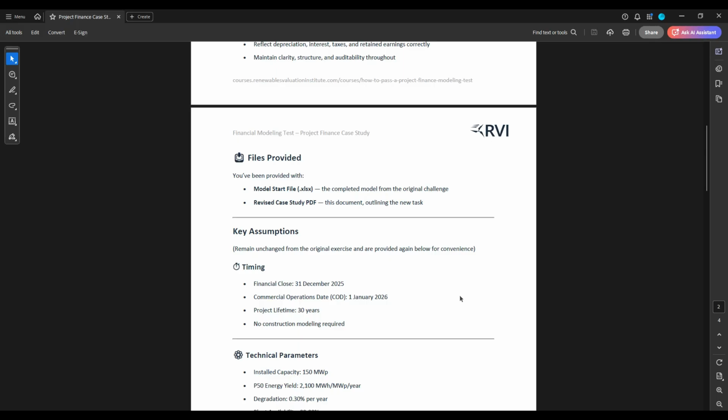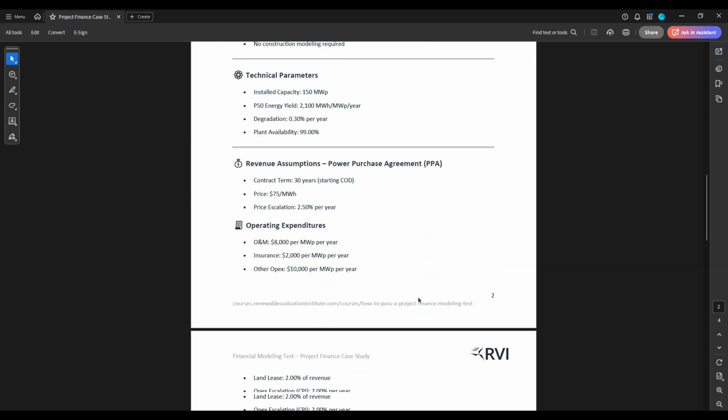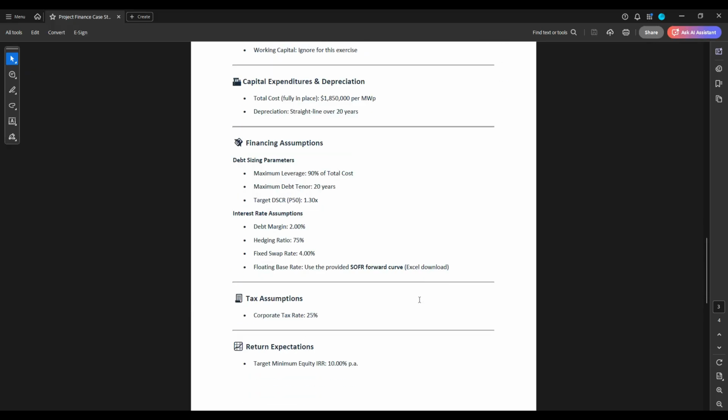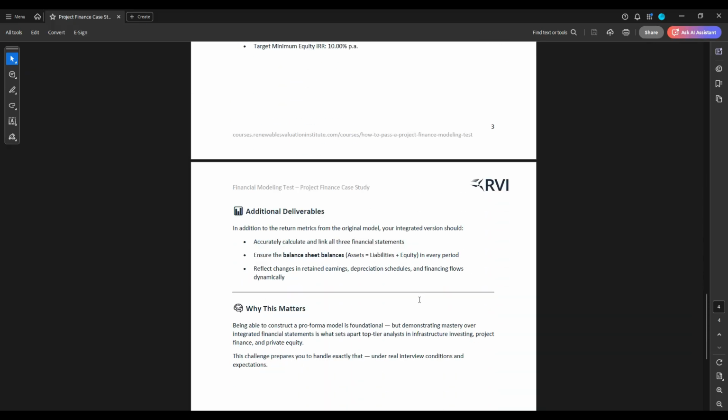Files provided. You've been provided with a model start file, the completed model from the original challenge, and a revised case study PDF, which is this document we are reading right now. The key assumptions remain unchanged from the original exercise and are provided again below for convenience. Okay, basically we can just skip over all key assumptions because we have already been reflecting those in our previous case study.